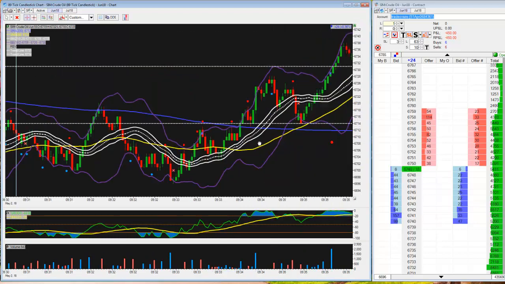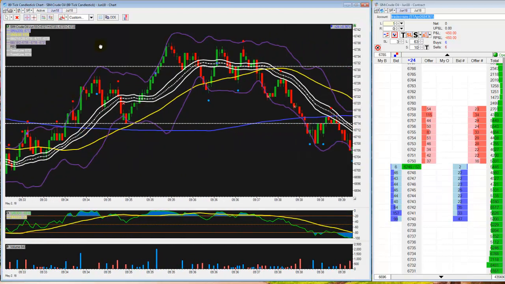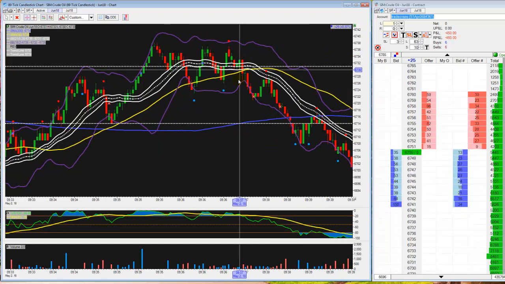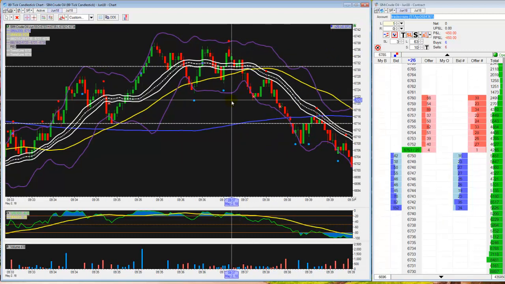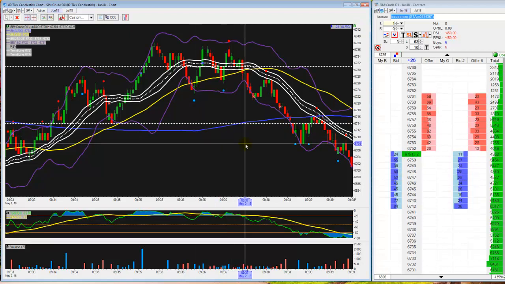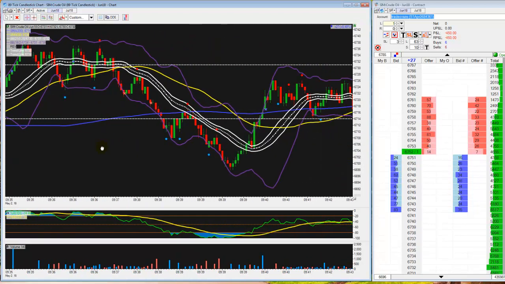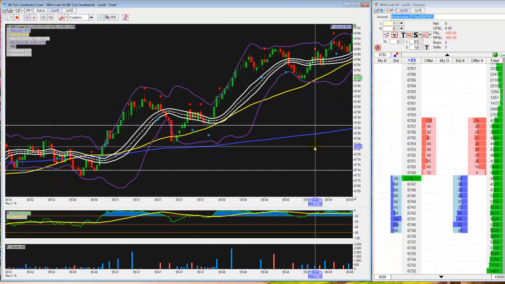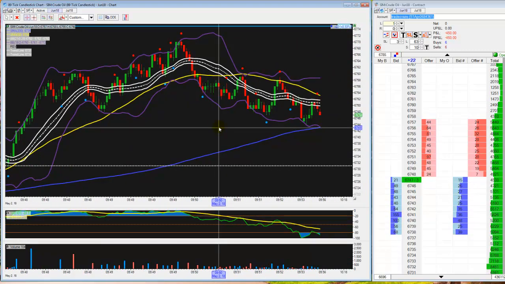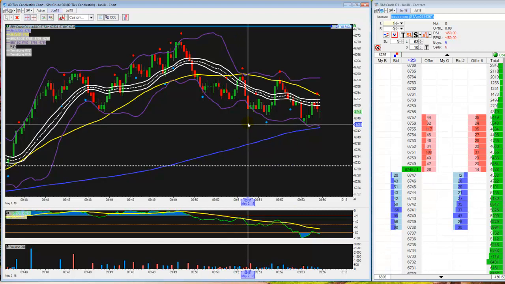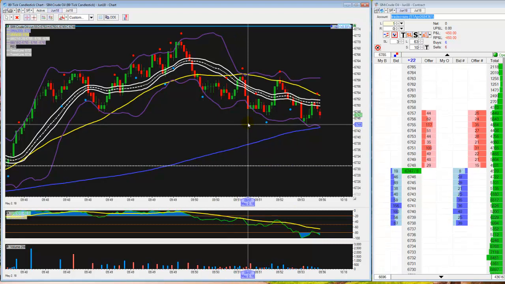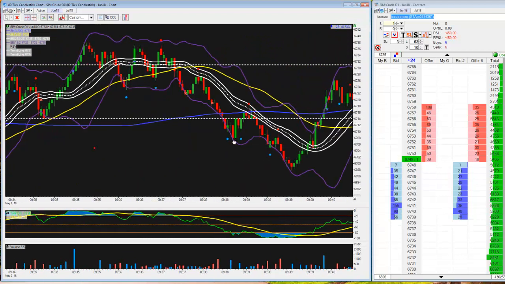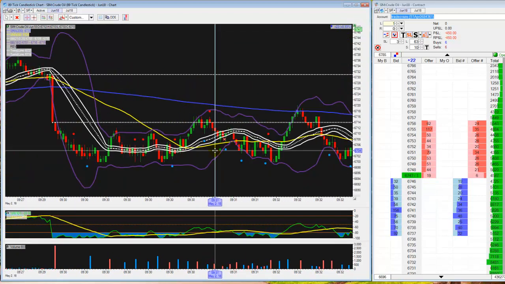First crossover the 200 bar. I think I took a long on up here and got hit. No, today just wasn't an easy trading day.